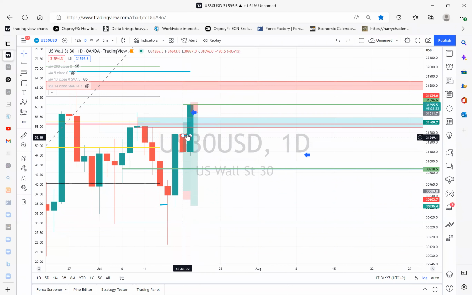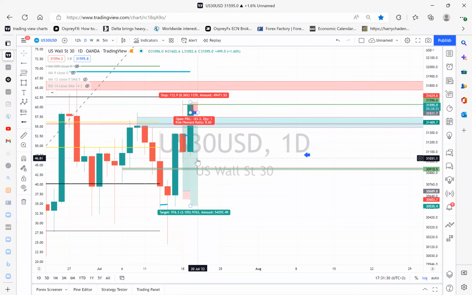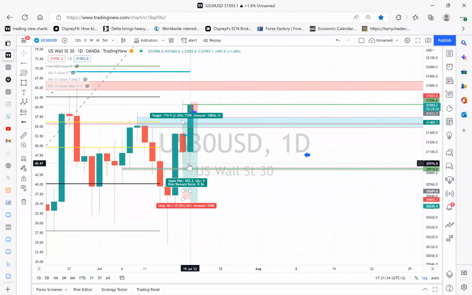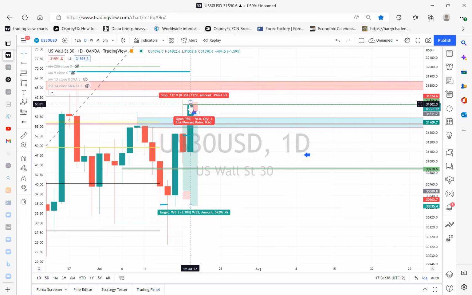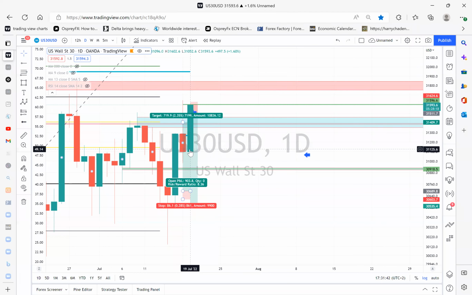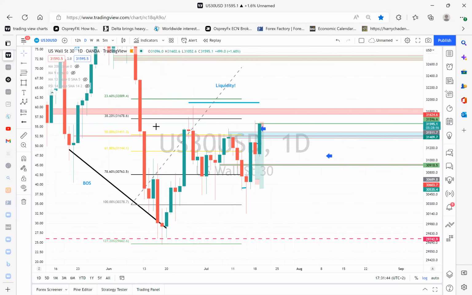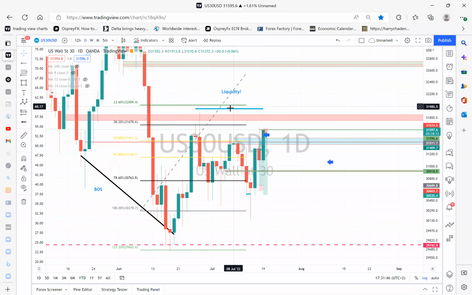What I would personally like to see is the candle push down to the 50%. That's the real reason I wasn't sold on this market going higher today. We talked about these levels of liquidity up here, but before the market goes up here, it needs to push down further so it can go up. Does that make sense?